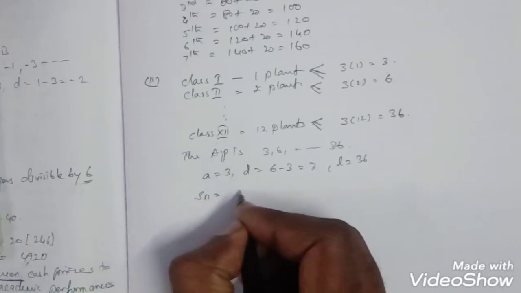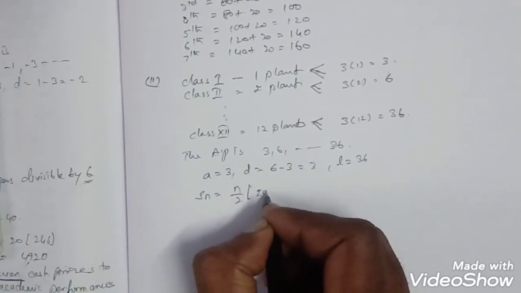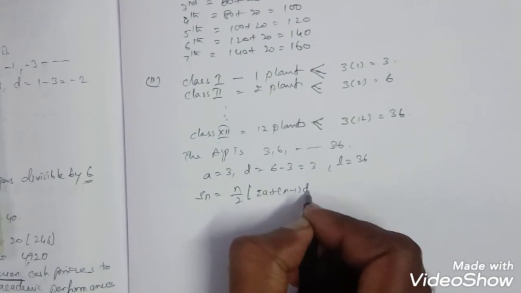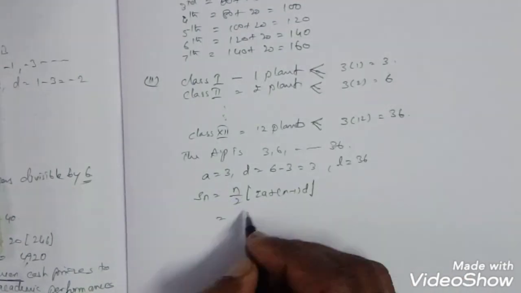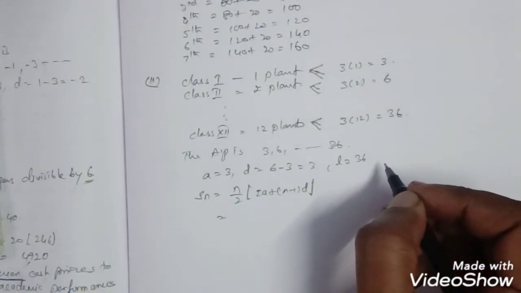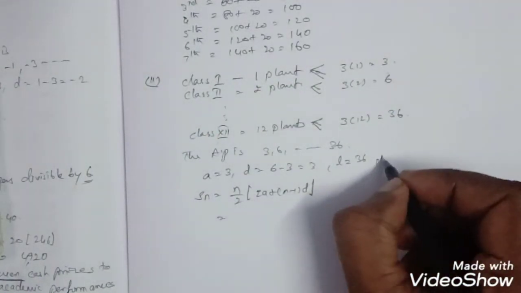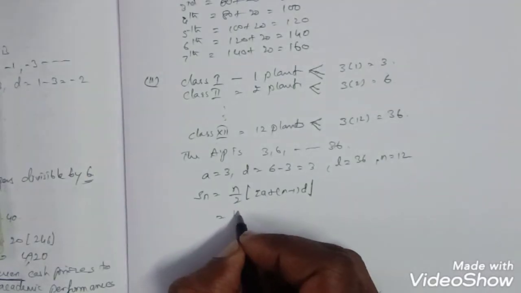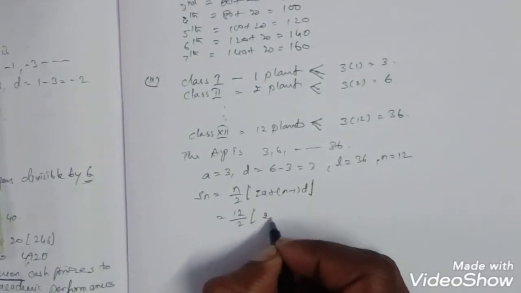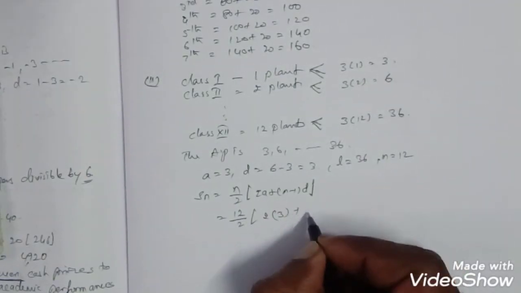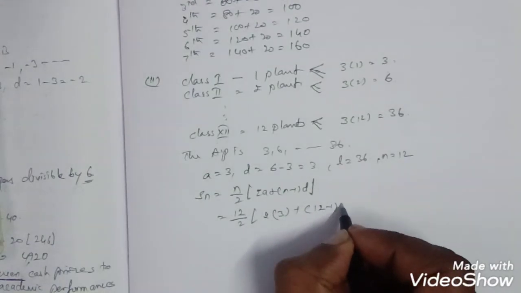So Sn is nothing but n by 2 into 2a plus n minus 1 into d. Now n is nothing but the total number of classes, that is 12 classes. So here n is equal to 12. So we can write 12 by 2 into 2 into a, which is 3, plus 12 minus 1 into 3.